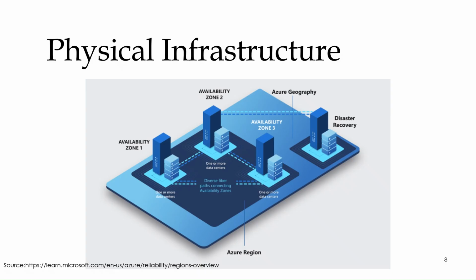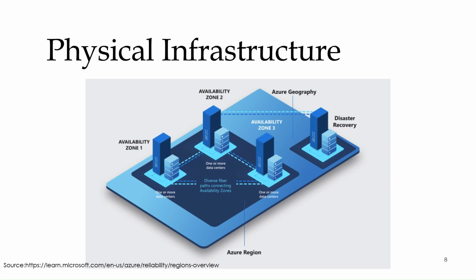When you host your infrastructure, setting up your own redundancy requires that you create duplicate hardware environments, right? A single geography may have at least one or more regions, and every region consists of one or more data centers within availability zones. So you can check upon this image.